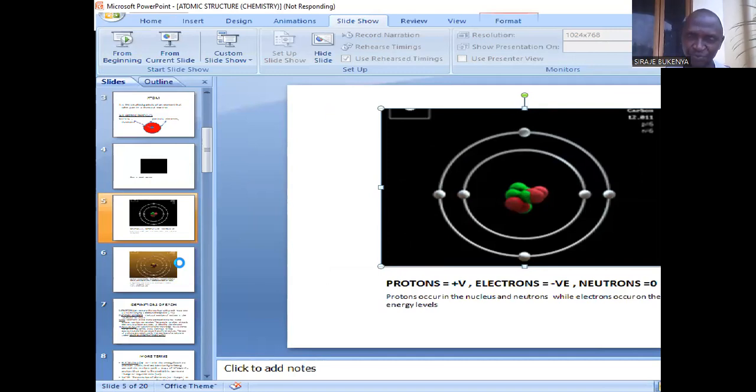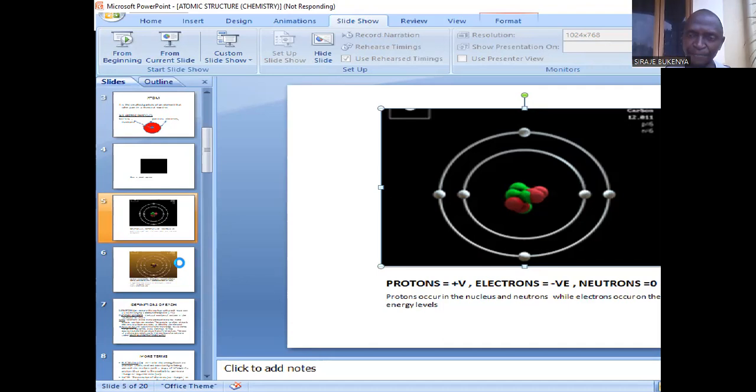You see that? So these energy levels around the nucleus are going to be of different size. The first energy level, which is closest to the nucleus, is K, and it can carry a maximum of 2 electrons. Then the next energy level, which is L, can carry up to 8 electrons. And then it follows.